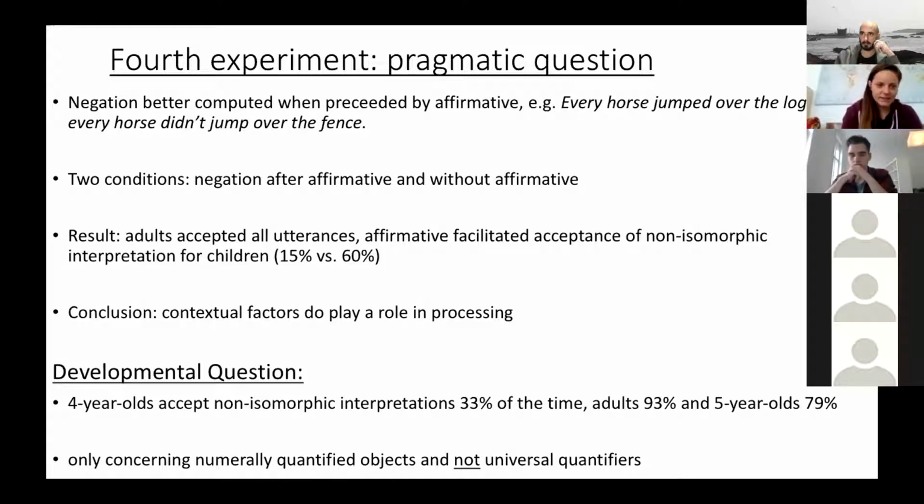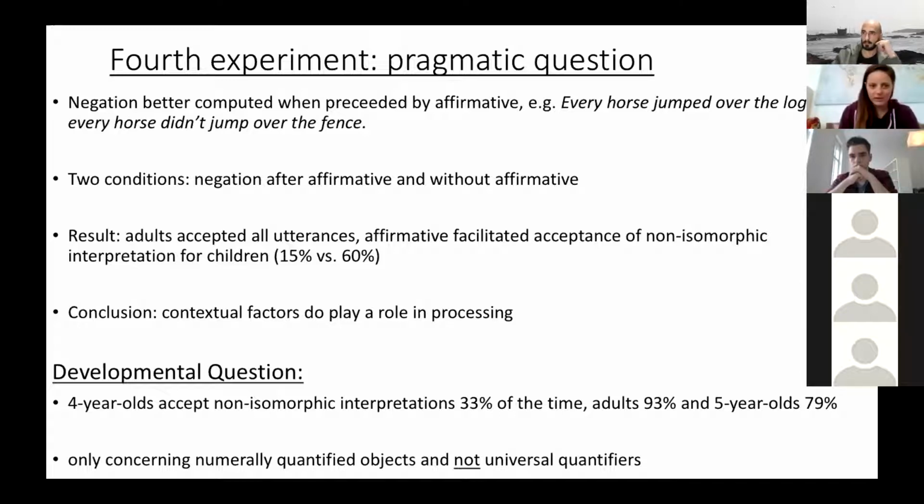What we can say is that according to the data from the experiments, 4-year-olds accept non-isomorphic interpretations only 33% of the time, and adults do 93% of the time, and 5-year-olds do 79% of the time. So there is sort of a growth that we can see. But probably by age 6, they would have even more acceptance.